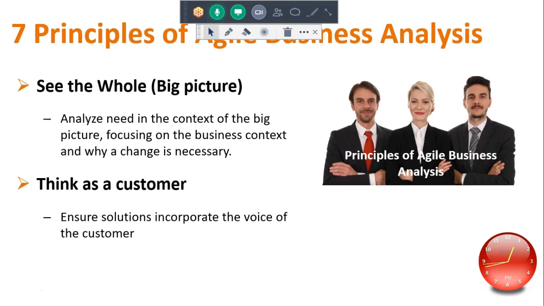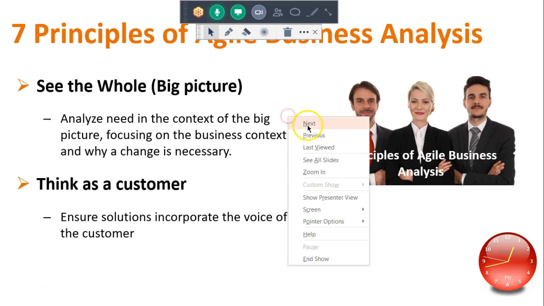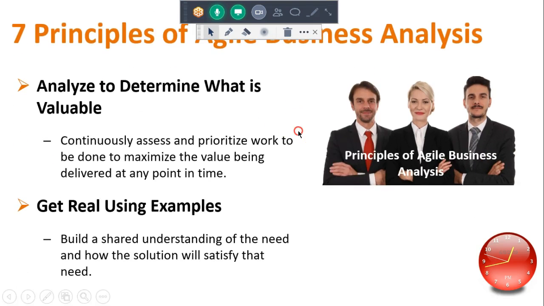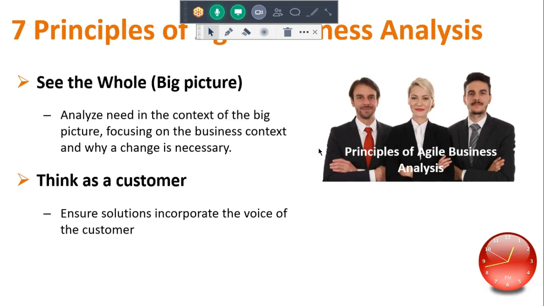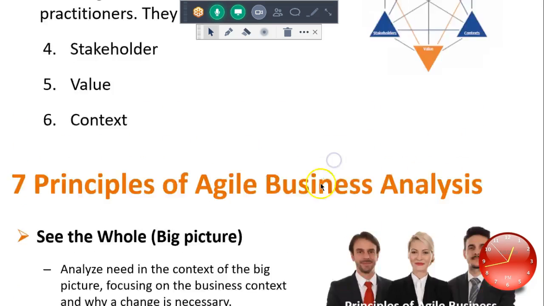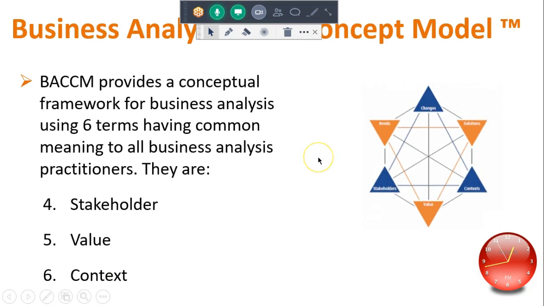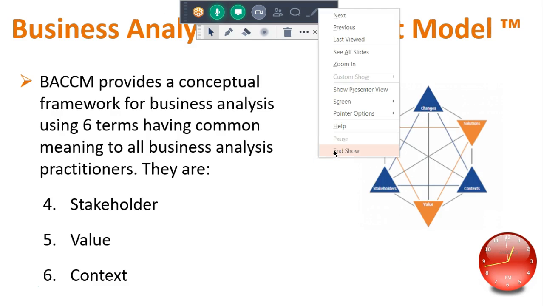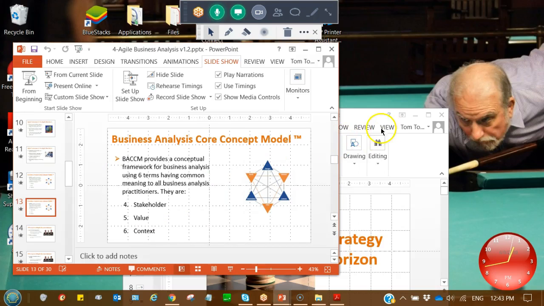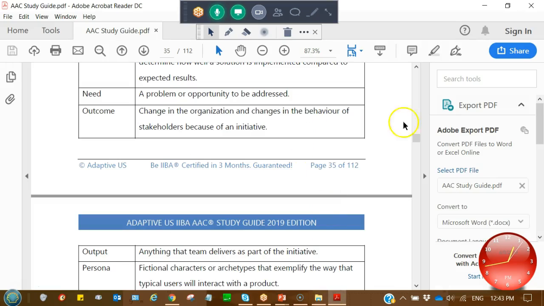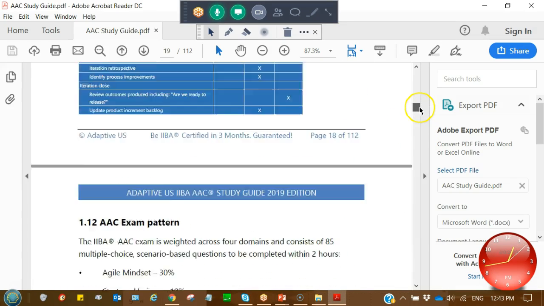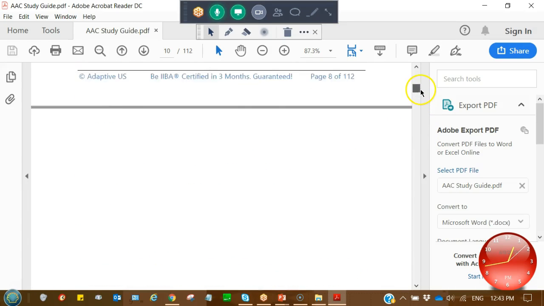I'm going to drop out of this for a second because I want to go through the definitions on these. So I'm going to pull up the core concept model here.